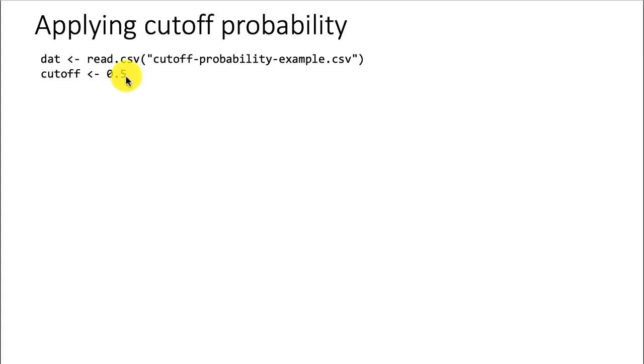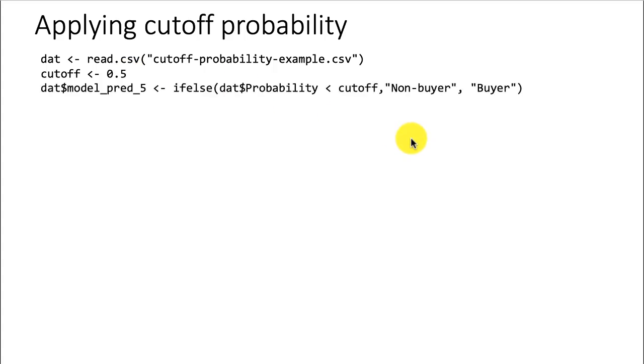So I'm creating a variable called cutoff, and I'm putting the value 0.5 because 0.5 is the cutoff that I want to apply. And that is our data set, dat$model_pred_5. So I'm creating a new column to store the model predictions.